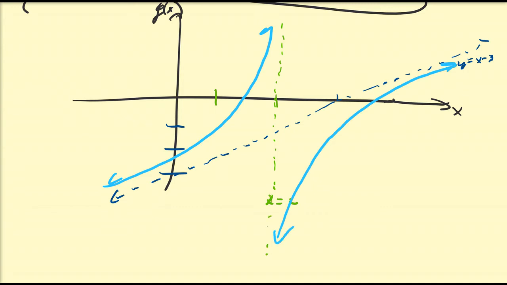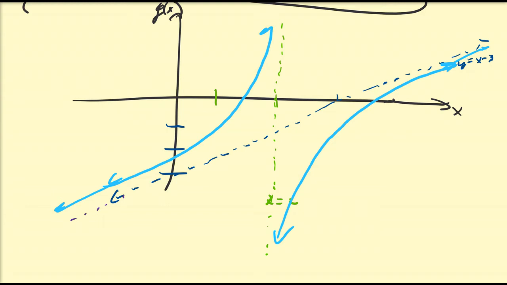So pretty much what we have going on here is that this blue line is going to approach the vertical green line as x gets close to it from the left and right, and also as x gets big in the negative and positive directions, it's pretty much going to behave like a linear function, and it's going to get closer and closer to this dashed blue line. All right, so that's just a basic idea of slant asymptotes.